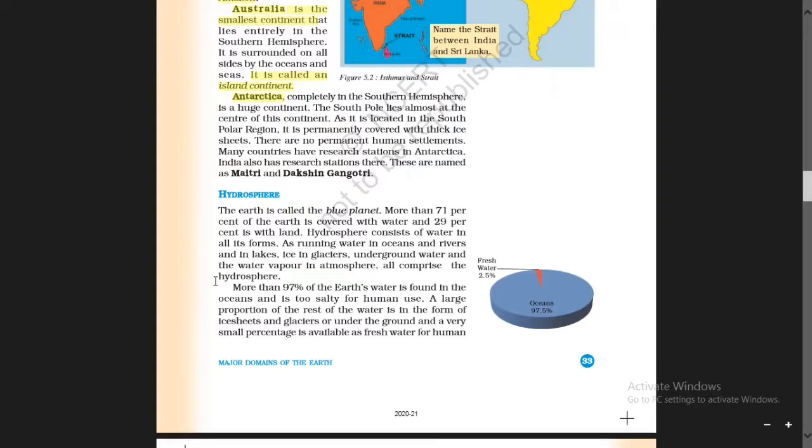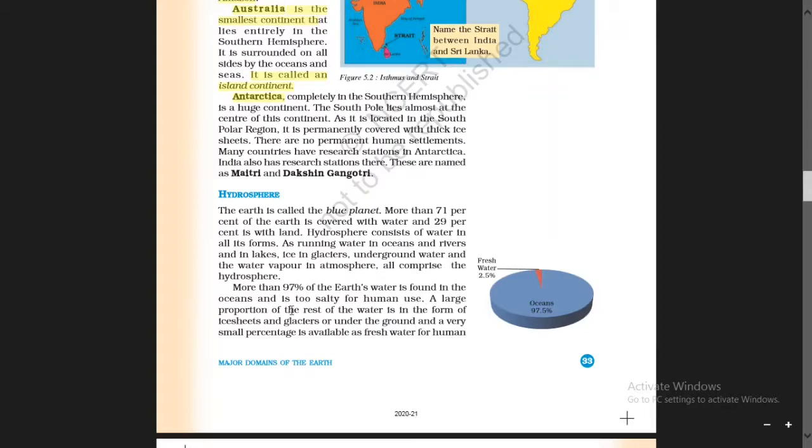All this comprises the hydrosphere. More than 97% of the Earth's water is found in the oceans and is too salty for human use. Too salty means it is mixed with salt.